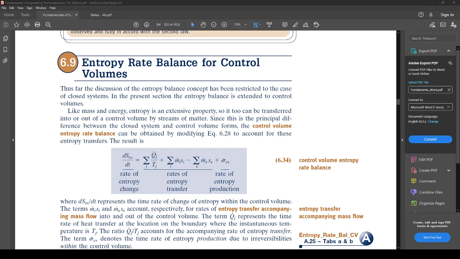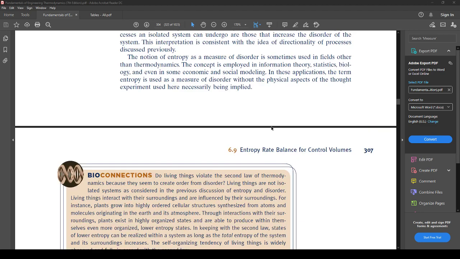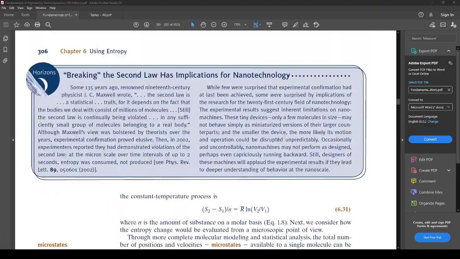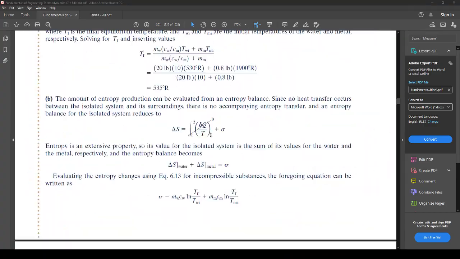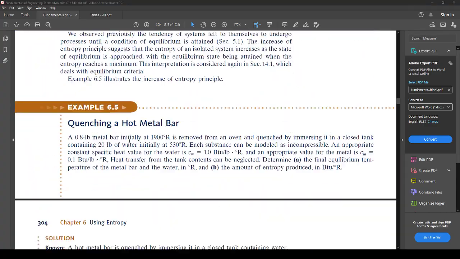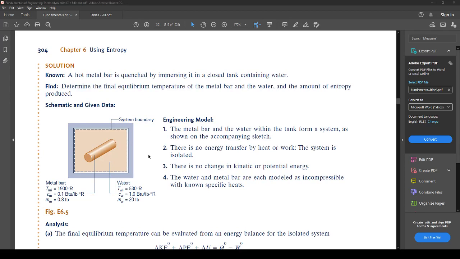I mean, honestly, I think we might... I don't know, because the questions in this chapter, for this section in the back of the book, are all just like this one. They are some compartment, and you find the final temperature or the final equilibrium. You do this exact process.